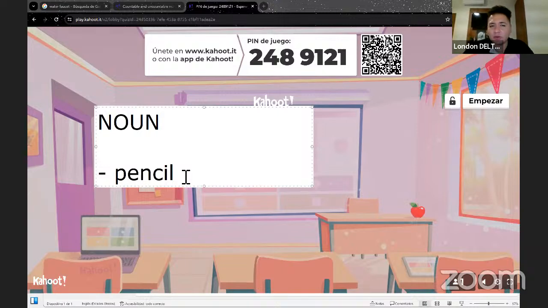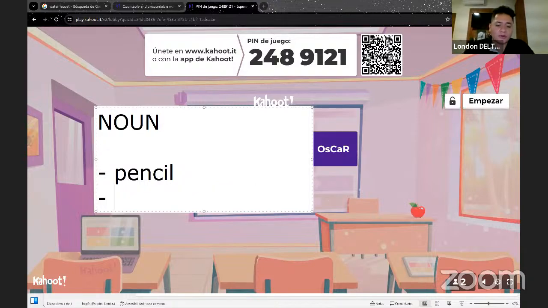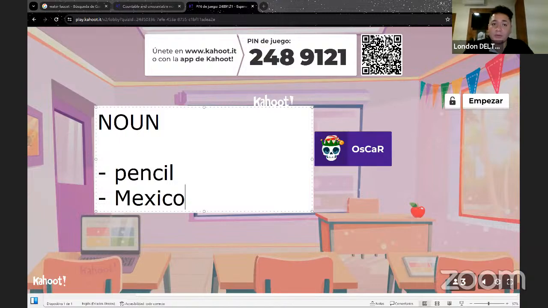Se les llama sustantivos comunes cuando no son nombres de cosas, de personas, de países. We have also, for example, Mexico. So Mexico is a proper noun, es un sustantivo propio, porque es el nombre de un país.